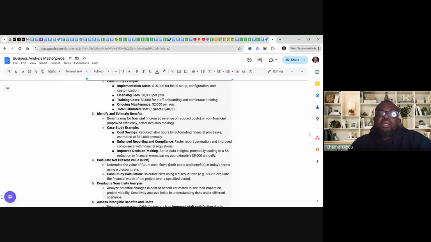What we are doing here is reducing labor hours by automating financial processes. After automating financial processes, you are going to surely save some funds. If we have up to 5 people working in this environment, after the automation, you might find out that you are going to remove 4 people working within this process.